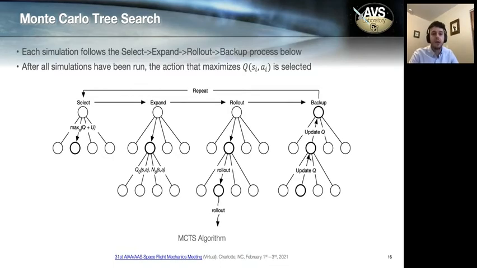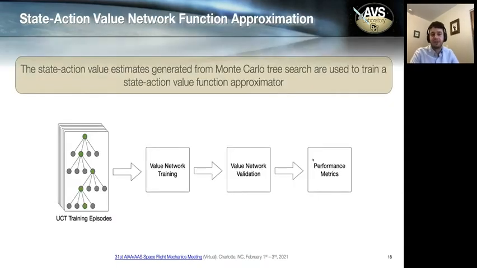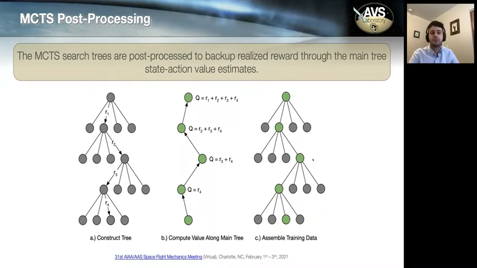After expansion, the agent enters the rollout phase, where actions are either randomly executed or some heuristic policy is followed to the end of the planning interval or horizon. Then, after rollout, the realized reward is backed up through the search tree to update the intermediate state action value function. We also do some post-processing on the data to assemble it for training.